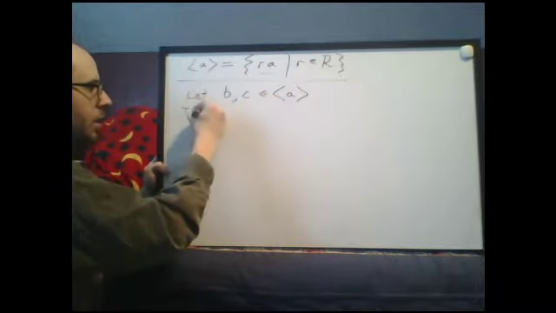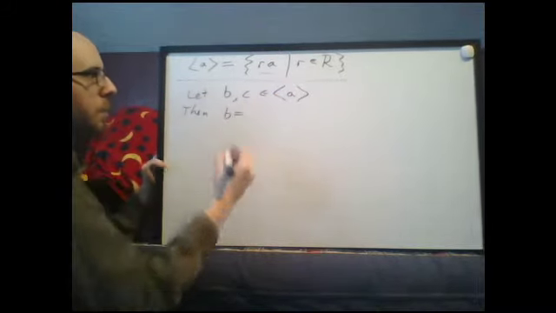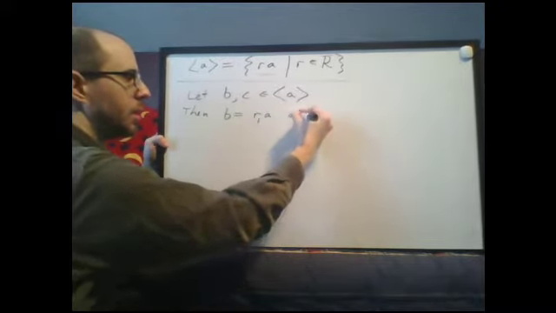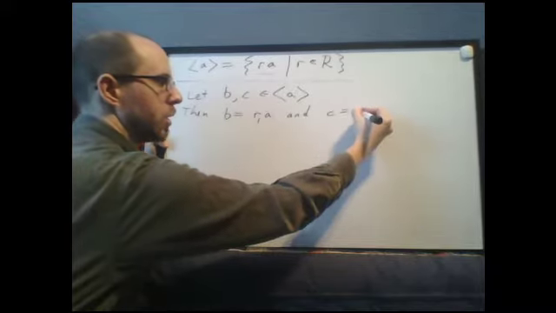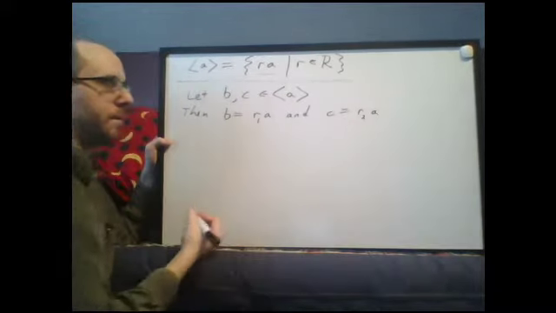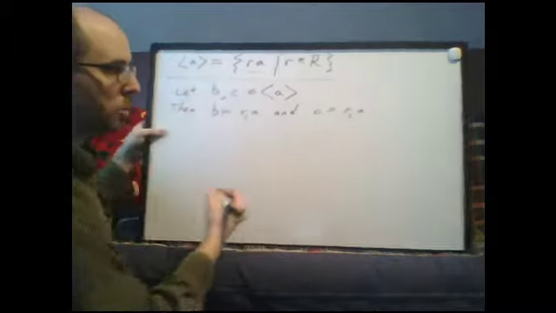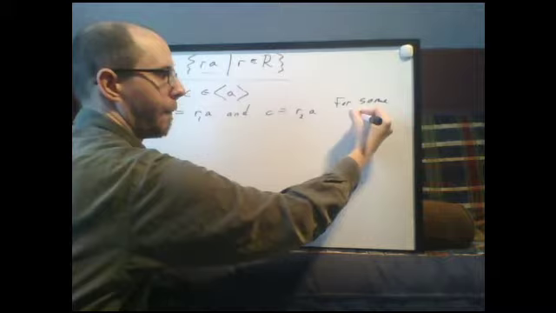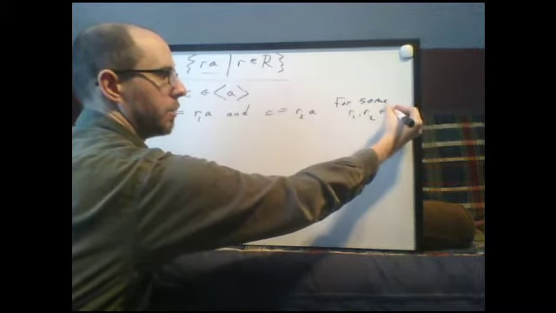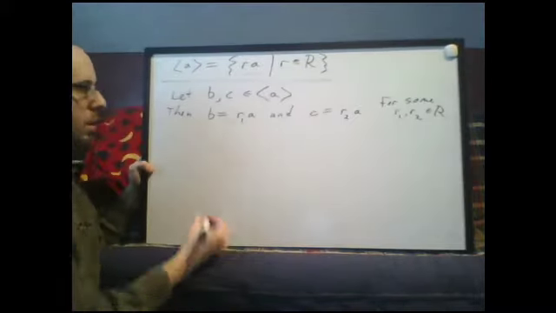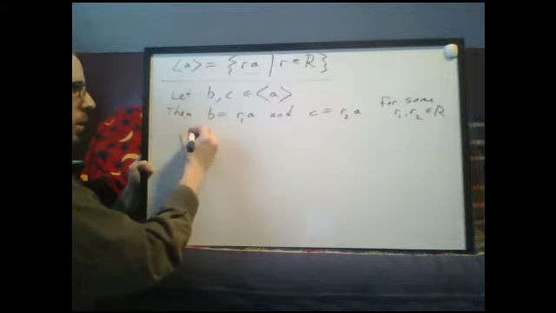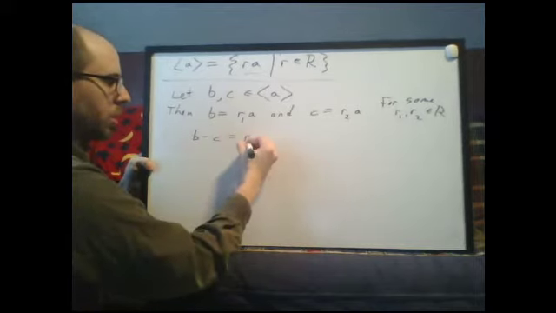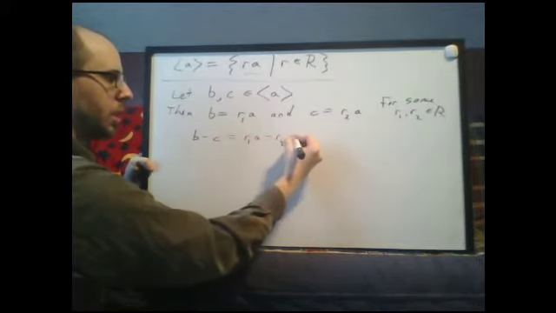So then B can be written as, we'll call it R1A, and C can be written as R2A for some R1 and R2 in capital R. So therefore, if I check subtraction, B minus C, that's R1A minus R2A.